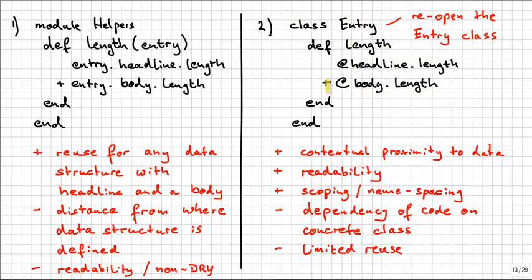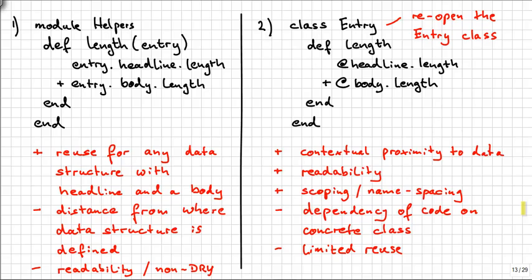So let's try to understand where the benefits and downsides of each of these approaches are. If we define this in a separate module of helpers, we can reuse the same method length for anything that has a headline and a body. It doesn't matter whether this is an entry as we've defined it, let's say in the class definition here, or any other data structure, as long as it has an attribute headline and an attribute body, we can work with it.